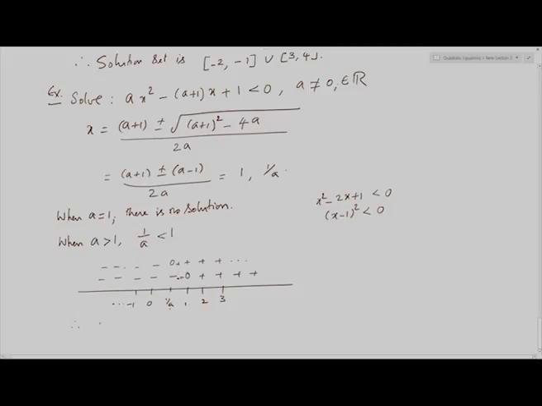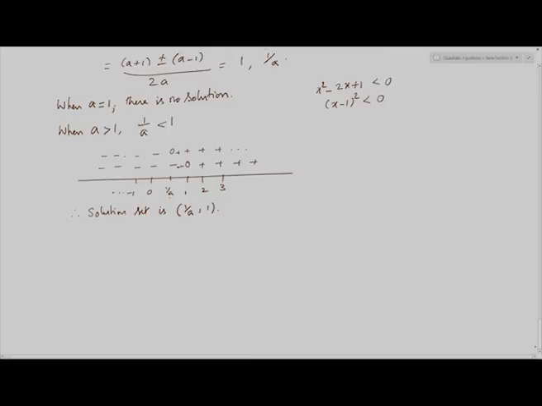So, I can write the solution set when a is greater than 1. The solution set is not unique, it depends on the constant a. So, the solution set is 1 by a to 1. This is the case when a is greater than 1.